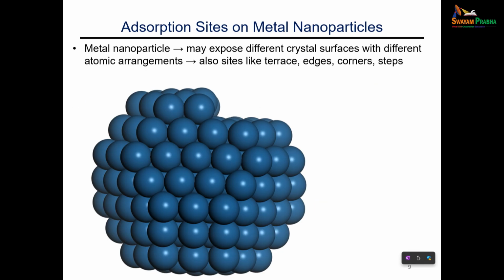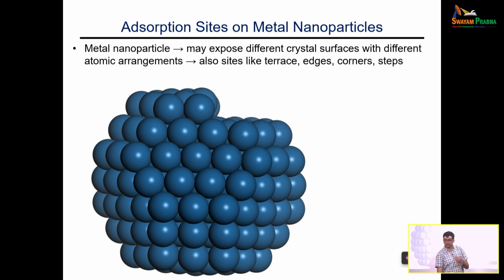Now, when you have actual nanoparticles, things can get a little bit more complex. Everything that we saw is already possible, but you also have a few more types of sites. If you have a nanoparticle of this kind, it may not be very obvious, but I hope you will be able to see. If I have a plane like this, and another plane, the points that are in between those two planes are called edge atoms.